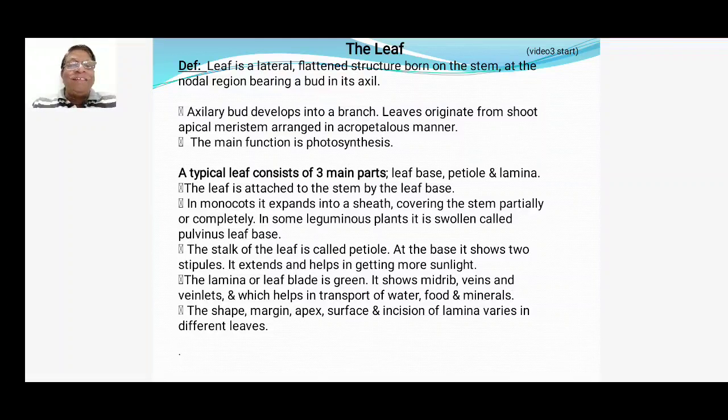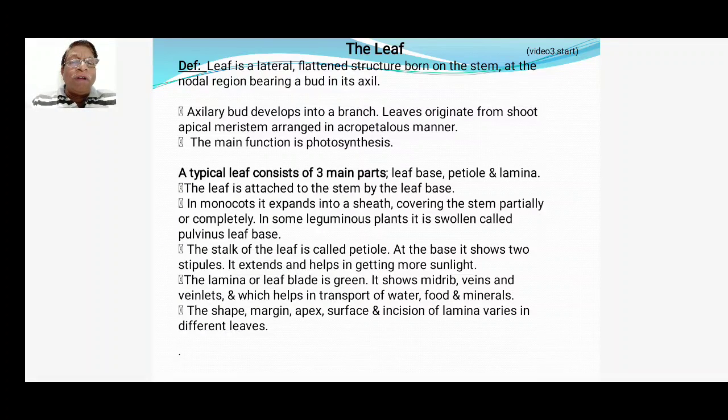If we analyze the meaning of the definition, a leaf is a lateral structure. Lateral structure means it is an appendage, an outgrowth of the plant body.